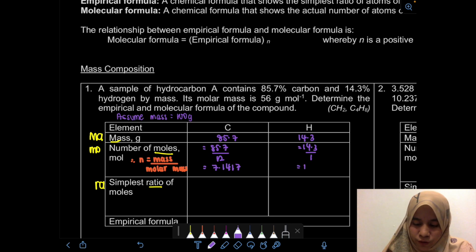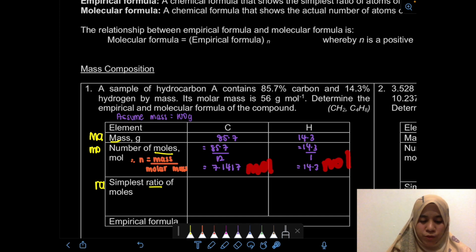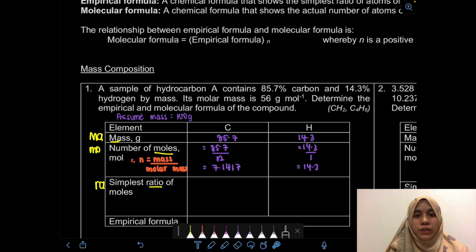It's okay, we just take 14.3. Why did I not write the unit? It's up to you whether to write the unit here or there, because I have put the unit in the box on your left hand side, so there's no need to write it down again here.